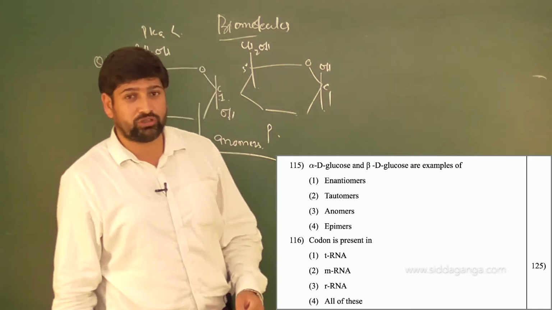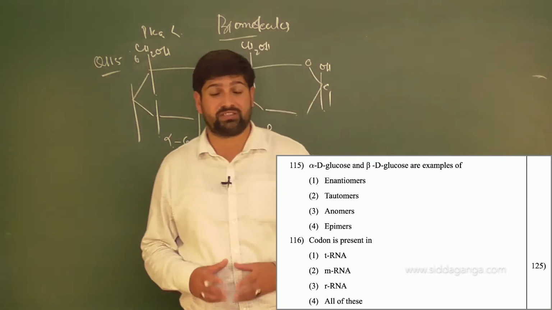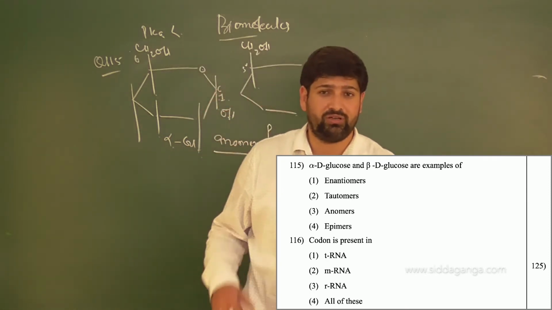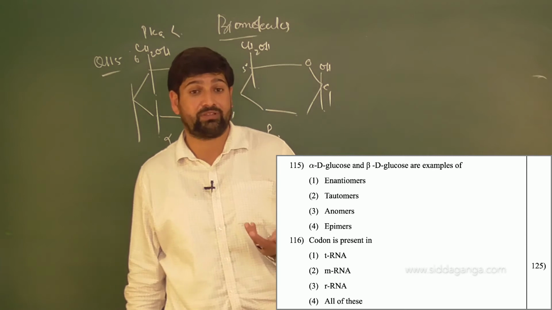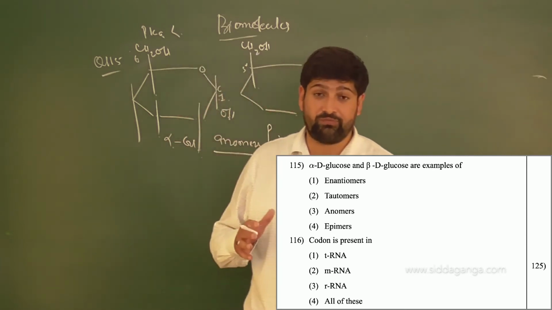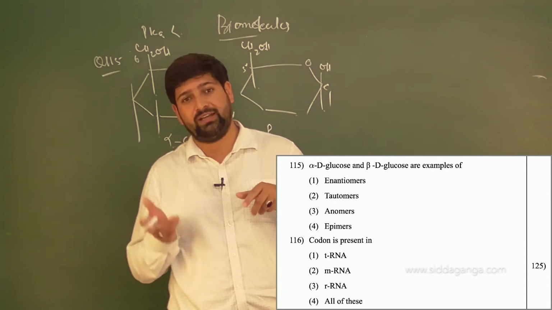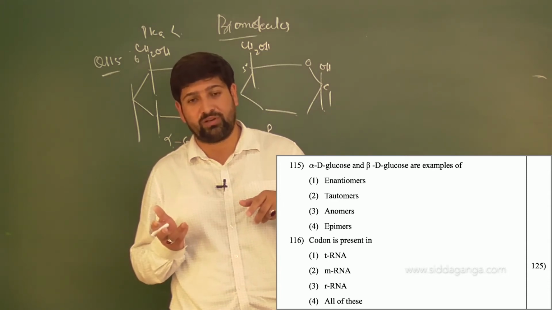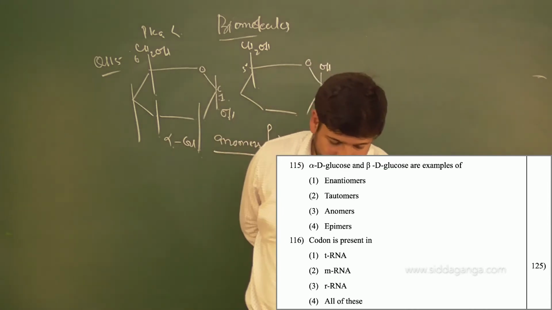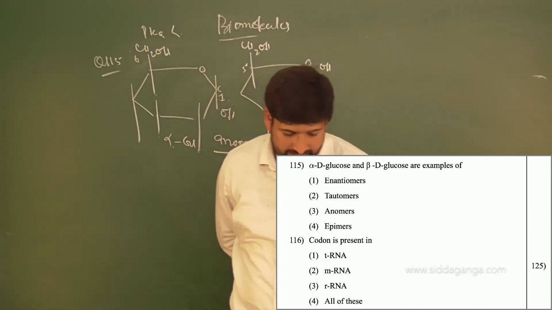If both of these carbons are blocked, then that substance cannot show mutarotation or reducing properties, like what happens in sucrose, which is a combination of glucose carbon 1 and carbon 2, the ketonic carbon of fructose.